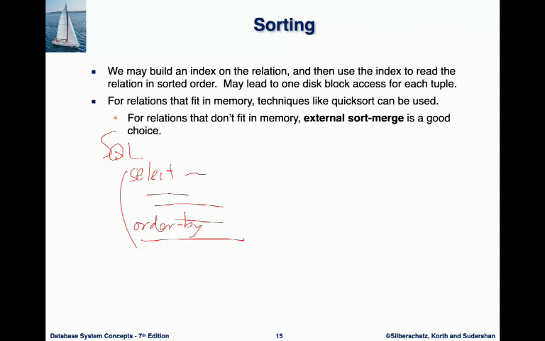In addition to that, sorting will make problems easier, okay? In the case of join, in the case of aggregation, you will find that sorting is one important approach you may use to make the problem easier.